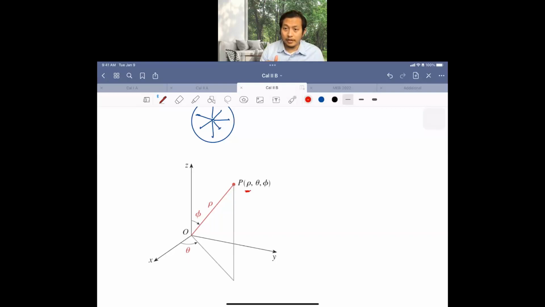The other two variables will be about the angles. The first one is the angle theta here, and the second one is the psi around here.